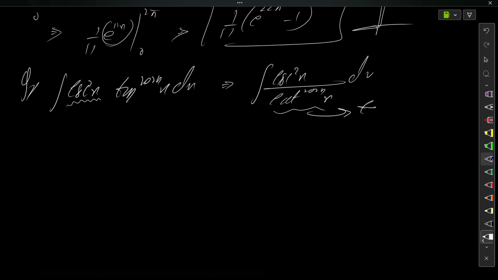As I'll take cot x as t, I'll be getting the integral of, this will get cancelled. So cosecant square x, I don't think there's any need to write it, it's directly getting into mind. So minus the integral of 1 over t to the power 2024 with respect to dt.